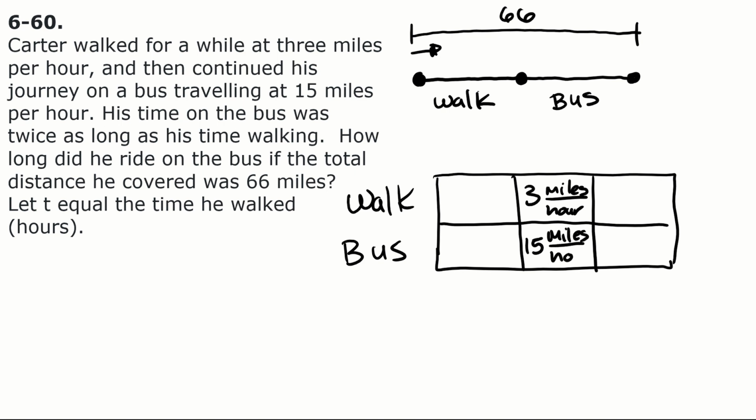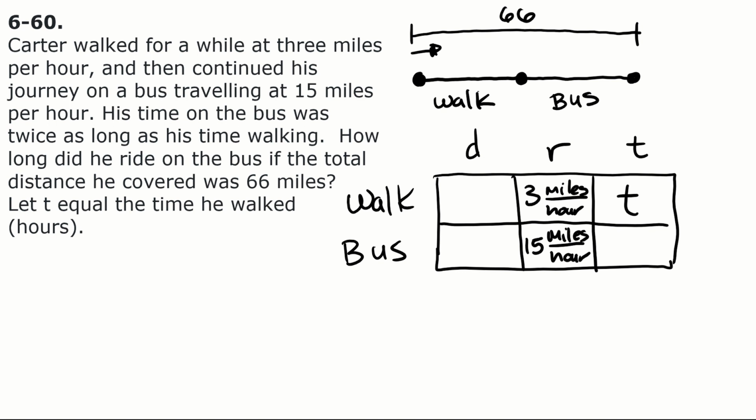Even school buses go faster than that. There is a distance, there is the rate, we have it, and there is a time. And it says let t equal the time he walked. So this t is going to be how long he walked.